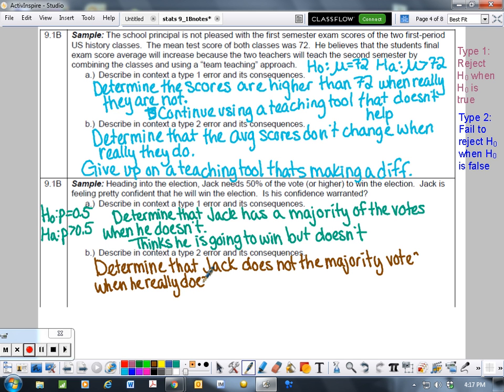So maybe he goes out there and he's all like, man, I've really got to do something to wow them. So he puts together this really expensive commercial and puts it out there to try and win voters over. And he pays all this money when really he had enough votes to begin with, so he didn't need to spend all that money. So he spends lots of money trying to get more votes when he doesn't need to.